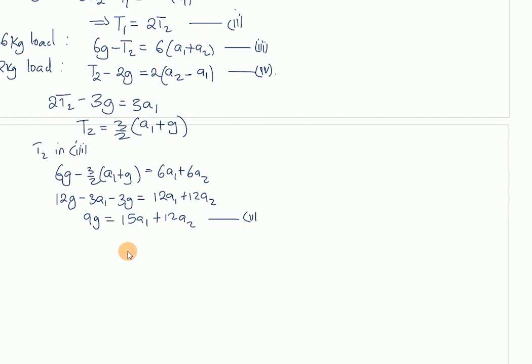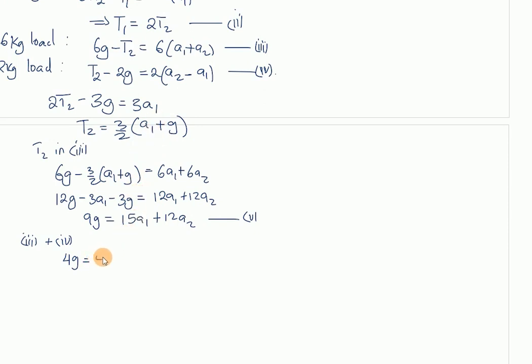Then we can also say that for equation 3, let's have equation 3 plus equation 4, because when we do that we shall be eliminating the values of T2, such that 4g is equal to the a1s. We have 6a1 and then minus 2a1.